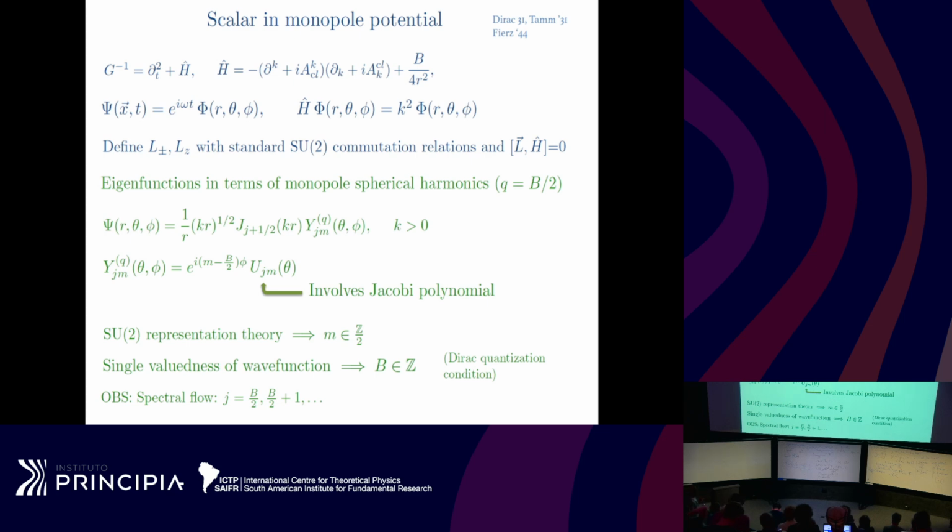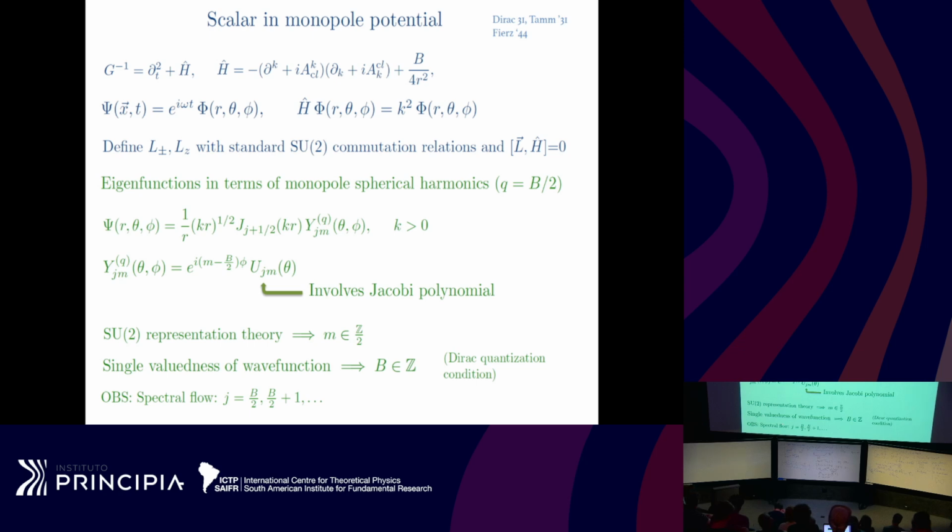And it's simply due to the fact that the field carries also some angular momentum. And the quantum numbers J and M are the usual ones of the central potential, so they are integers or half integers. And so we learn from this that if we want a wave function to be single valued, as we want for a scalar, then this quantity b has to be integer. And that's another way of seeing the Dirac quantization condition.